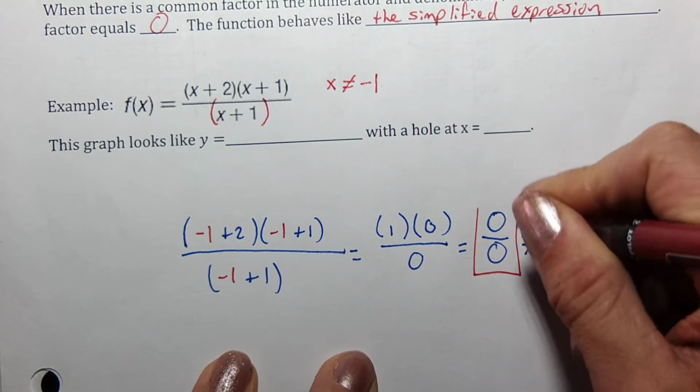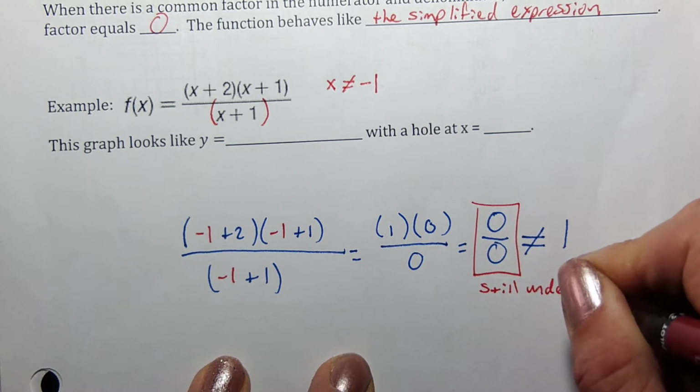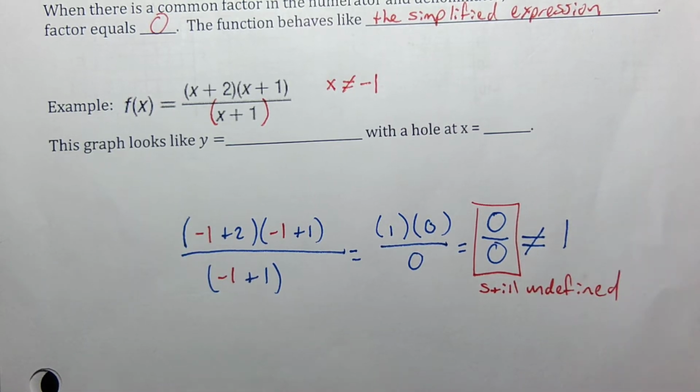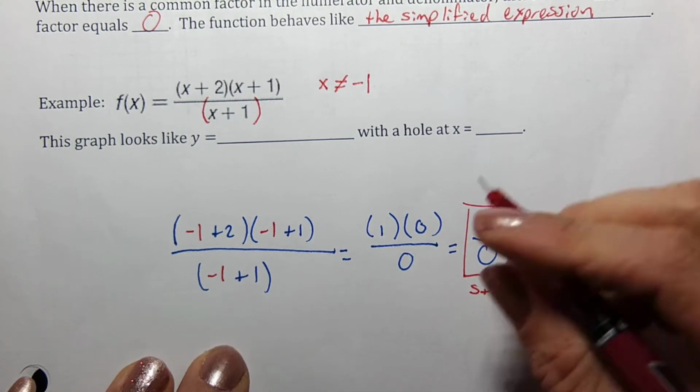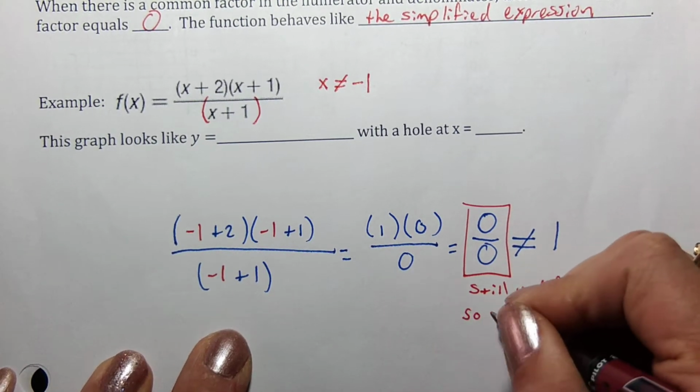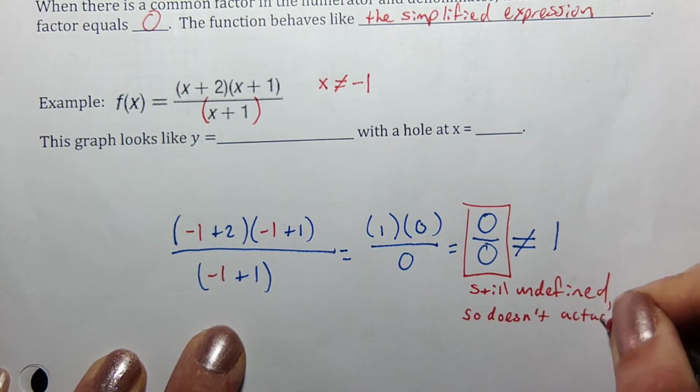So this is still undefined, which is why it doesn't actually cancel out, even though we're kind of going to fudge that to figure out there's a hole there. So I want you to write it's still undefined, so it doesn't actually cancel.